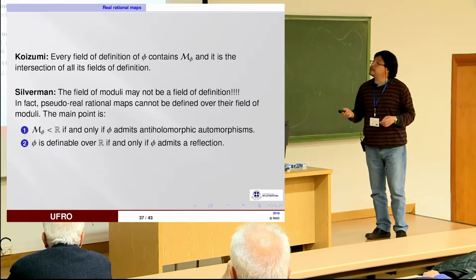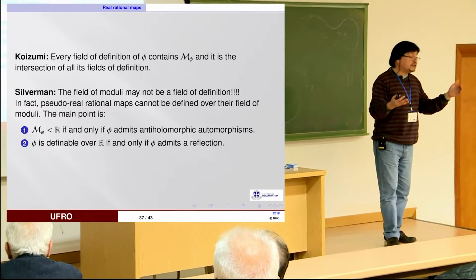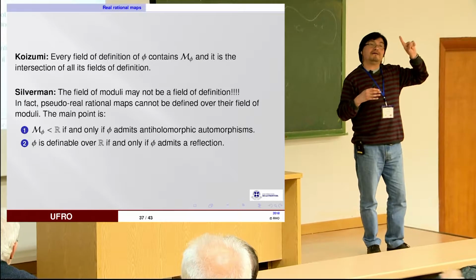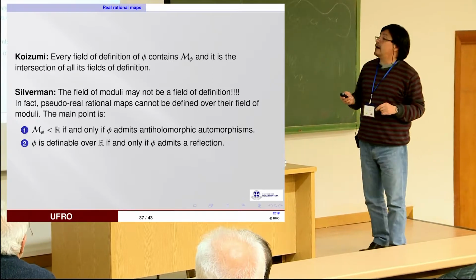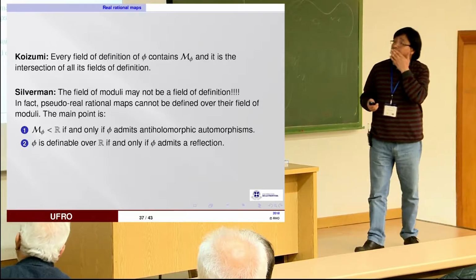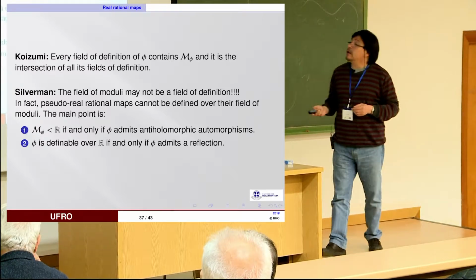So in this case, the field of moduli will be like the smallest possible field of definition, if it is a field of definition. So in the case of pseudo-real rational maps, what is going on?